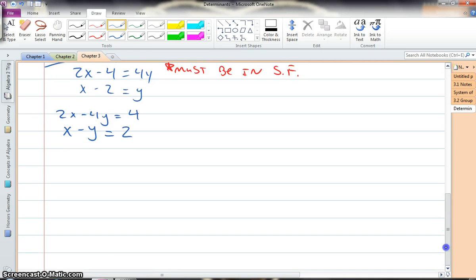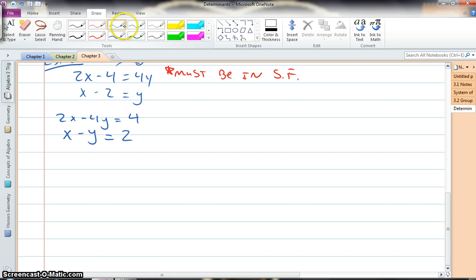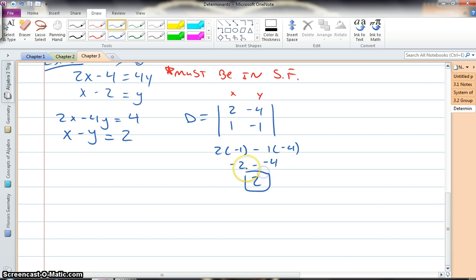So now let's find my d value, my denominator. Remember, x's go in place, 2 and positive 1, your y's go in place, negative 4 and negative 1. Coefficients of x, coefficients of y. So I got 2 times negative 1 minus 1 times negative 4 gives me negative 2 minus negative 4, which is positive 2. Numerator x: I have my constants take the place of my x's, my y's stay home.